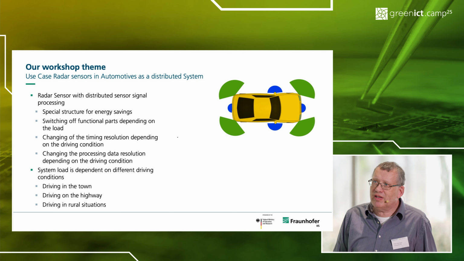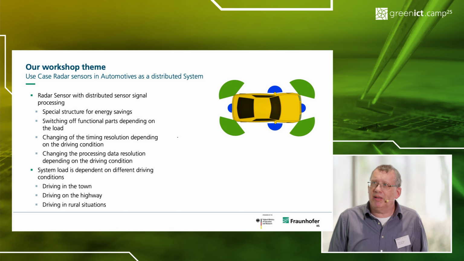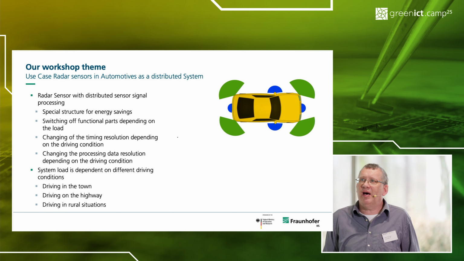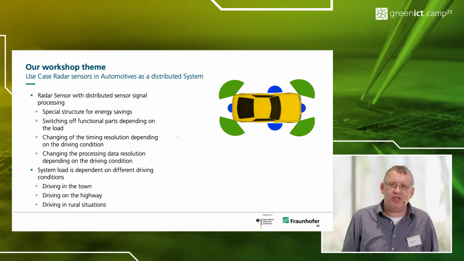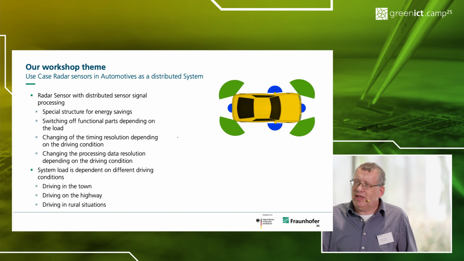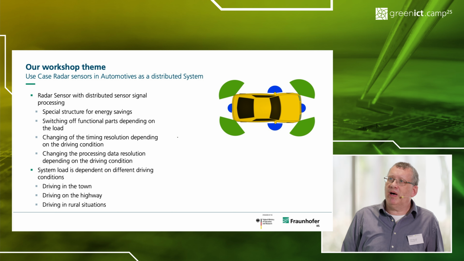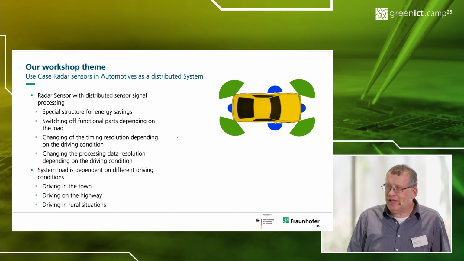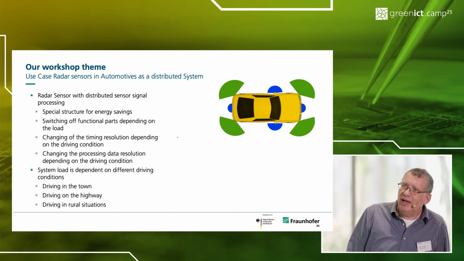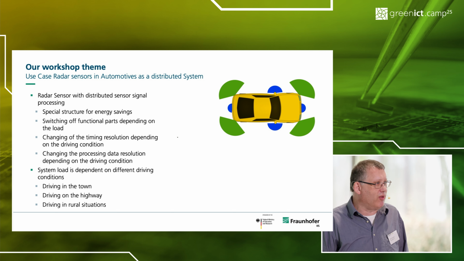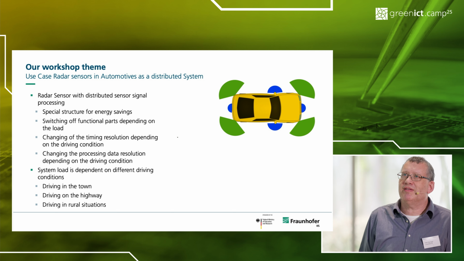The radar sensor system comes from another Fraunhofer Institute, the FHR, and they are working on energy-efficient signal processing for radar technology. On the lower part of the slide, you see the system with a radar sensor. It looks a little bit like an egg, and different components of the signal processing.